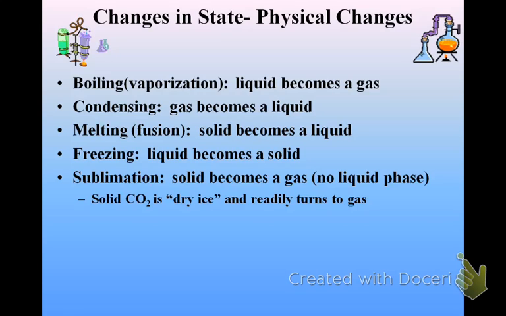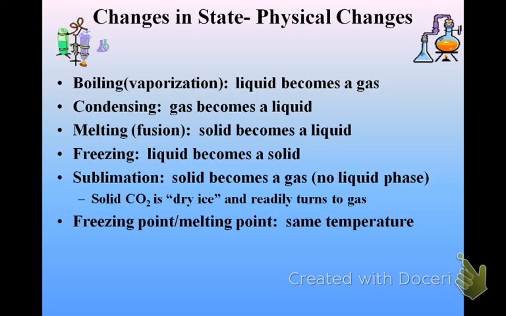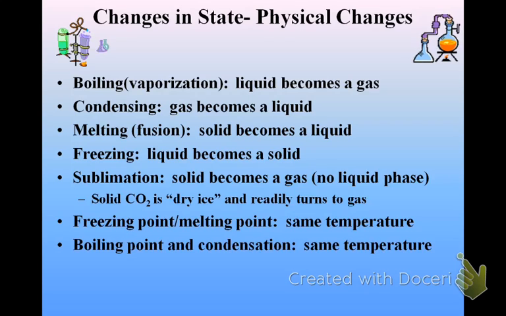Sublimation is going straight to the gas phase from a solid, like dry ice. Like I was emphasizing before, freezing point and melting point are the same temperature. Boiling point and condensation are also at the same temperature.